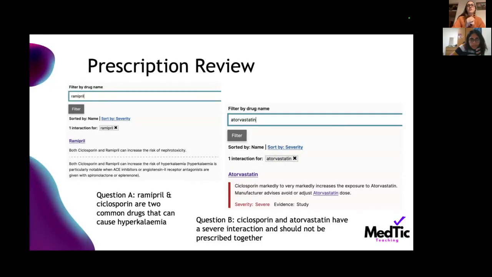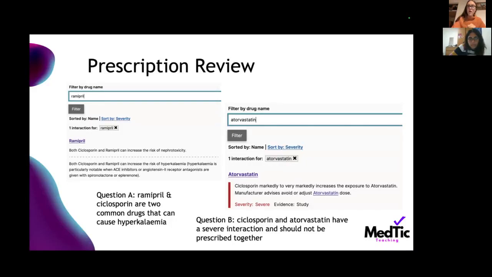However, often in the side effects, it just says electrolyte imbalance, and it doesn't say which electrolytes are most likely to be caused problems by that drug. I also found, though, in the interactions checker that under ramipril, it says ramipril and cyclosporin can increase the risk of hyperkalemia. So there might be some more information there if you're looking for it.